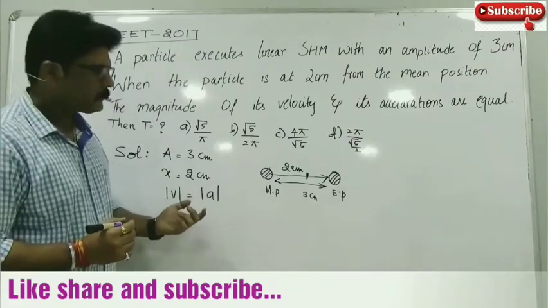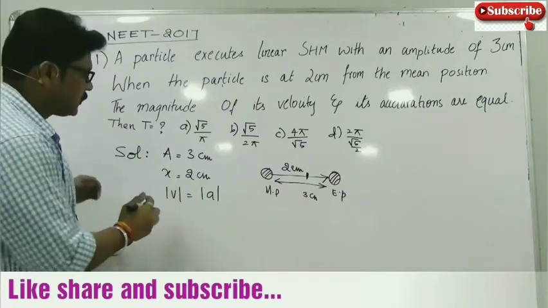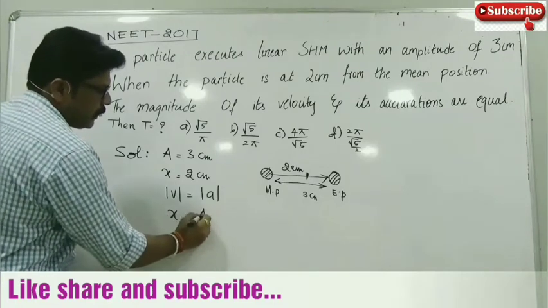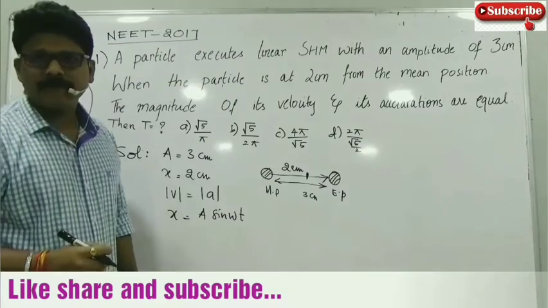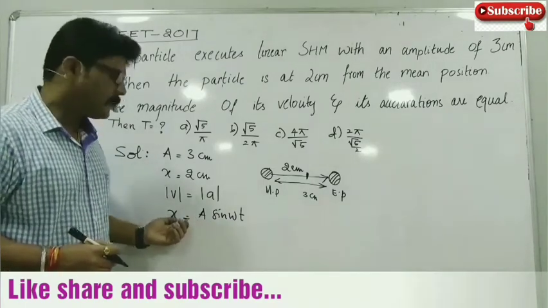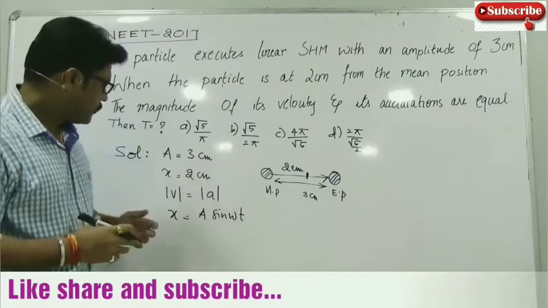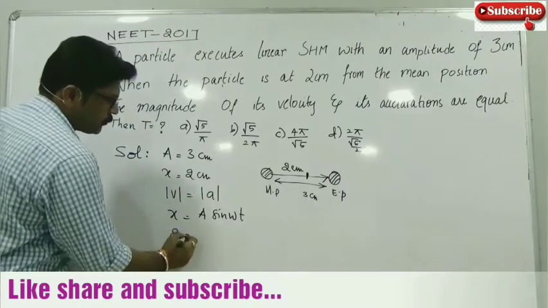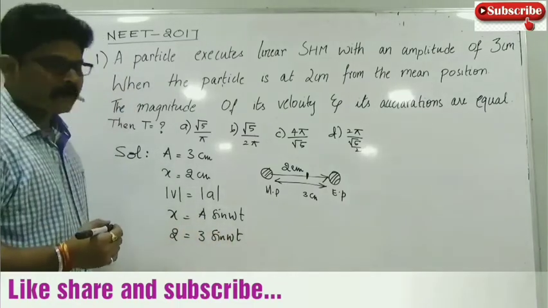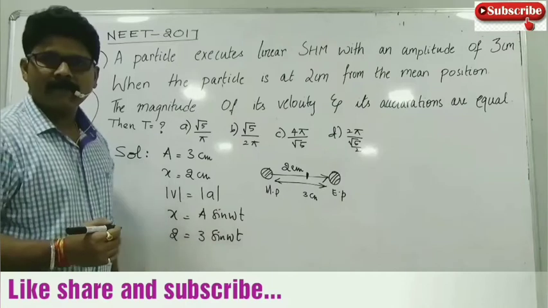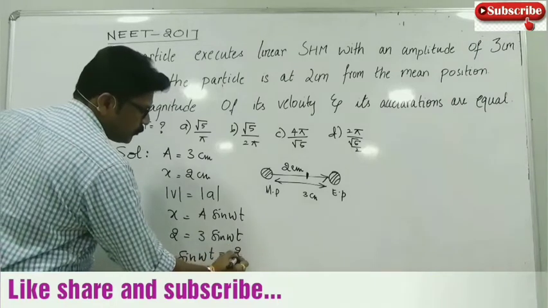As we know, for a simple harmonic oscillator, x can be written as x equals a sin omega t, if it is starting from the mean position. If it is starting from the extreme position, we take a cos omega t. Now x is given as 2, and A is 3, so 2 equals 3 sin omega t, or sin omega t equals 2 by 3.